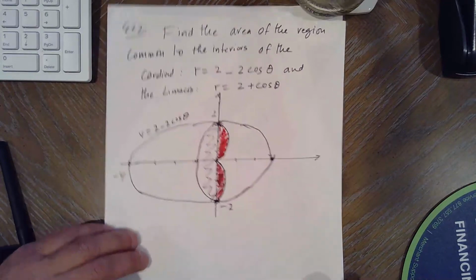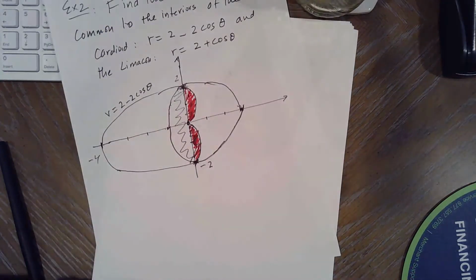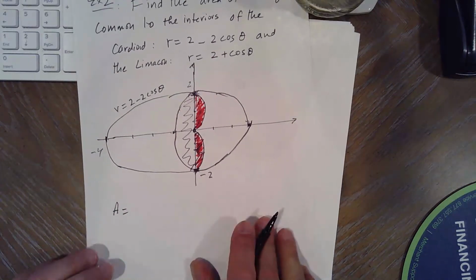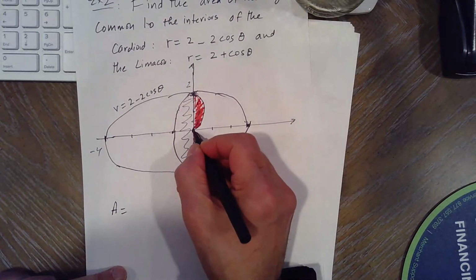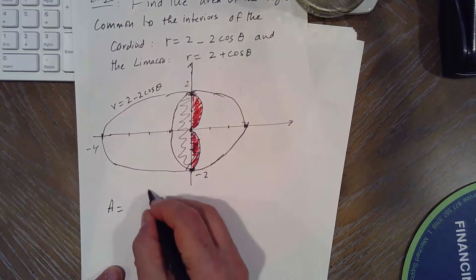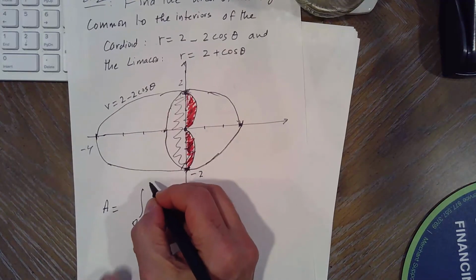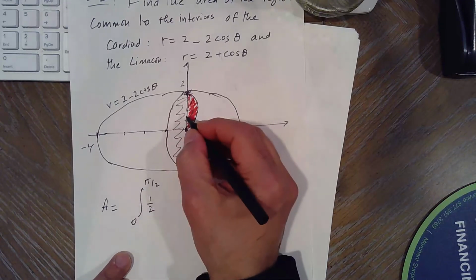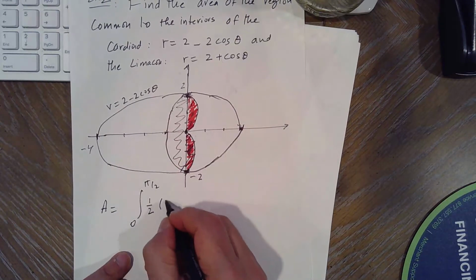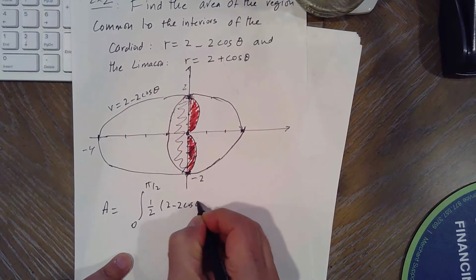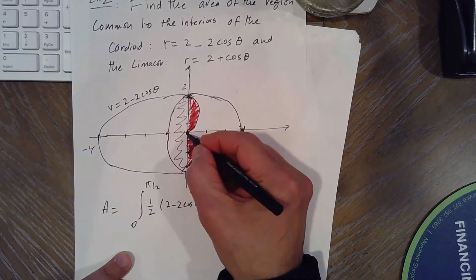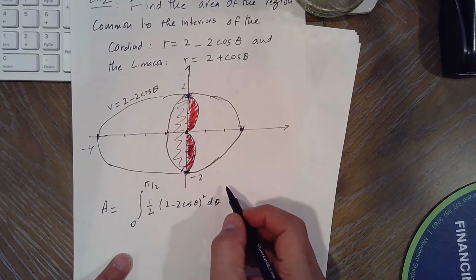Okay, so let's start with area 1. That's theta equals 0 to theta equals pi over 2: 1/2 r squared, which is 2 minus 2 cosine theta squared d theta. This is from 0 to pi over 2, and that's the same area, so we times it by 2.